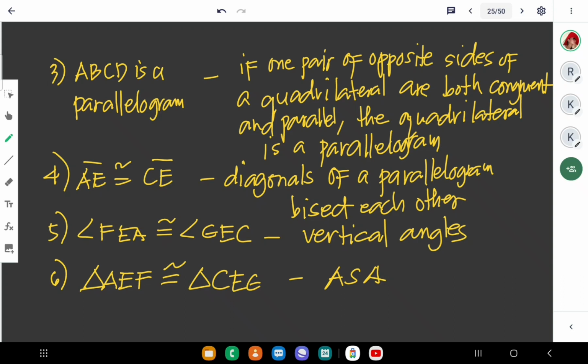So where is 13? Let me draw that first. This says a quadrilateral.